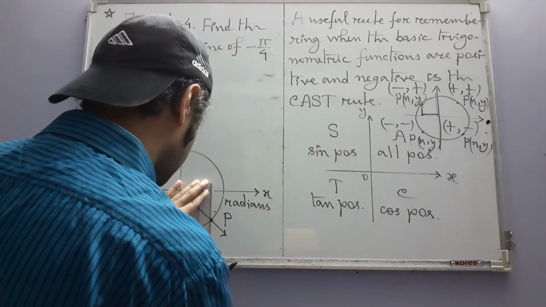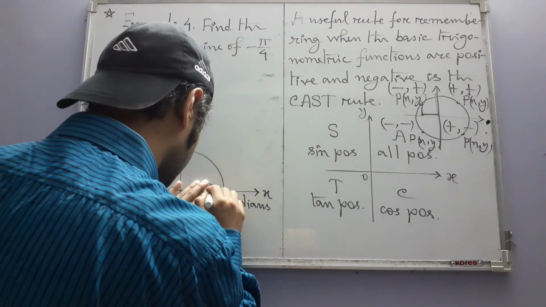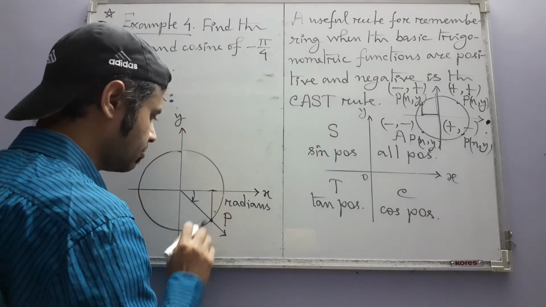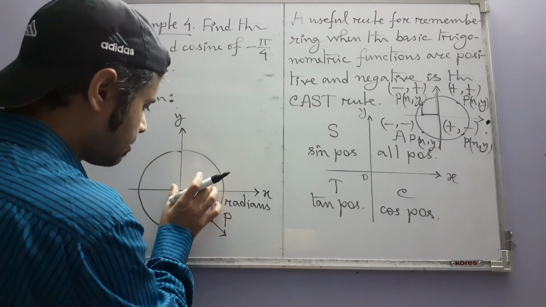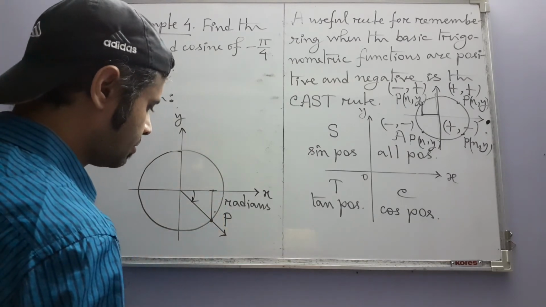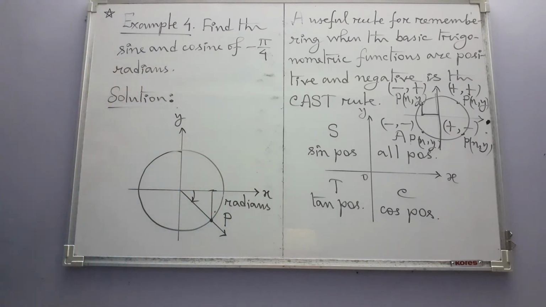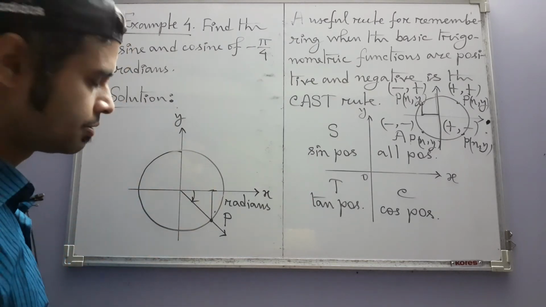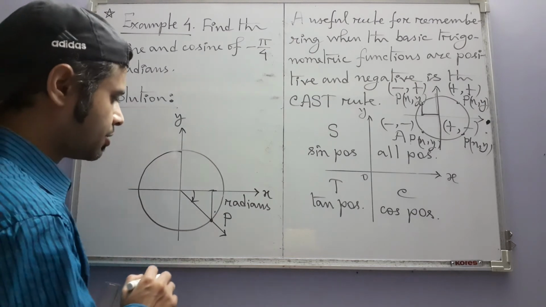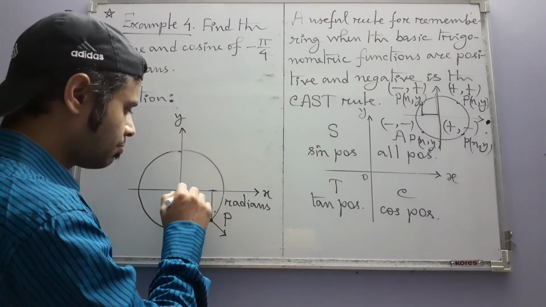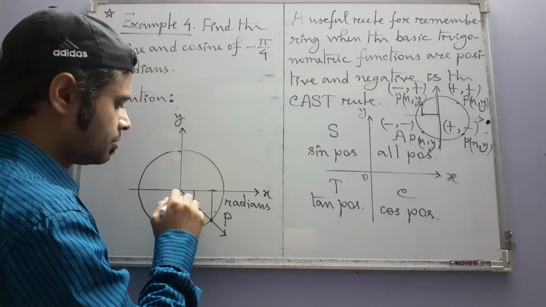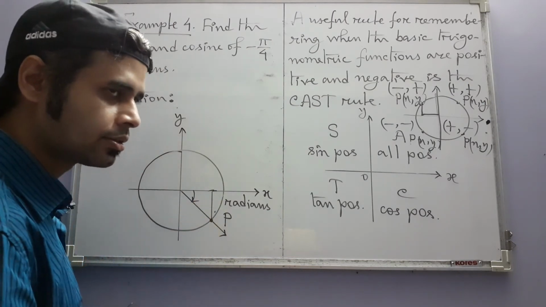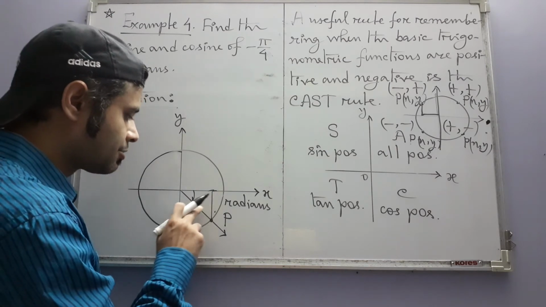So let's just first drop this perpendicular. We cannot really say drop the perpendicular because it's going up. Anyway, so this is our reference triangle. Now, how to calculate the lengths of these sides? You know that because this is pi by 4, this is an isosceles right angled triangle where this is also pi by 4.